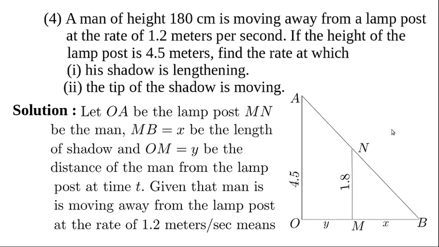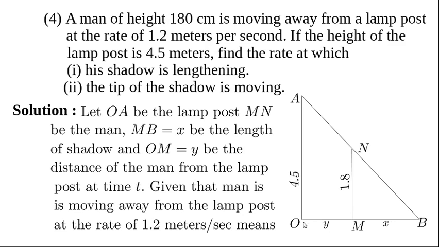So here B is the tip of the shadow, MB is X, that is the length of the shadow. So we are asked to find dx by dt, and OB is the value of x plus y.